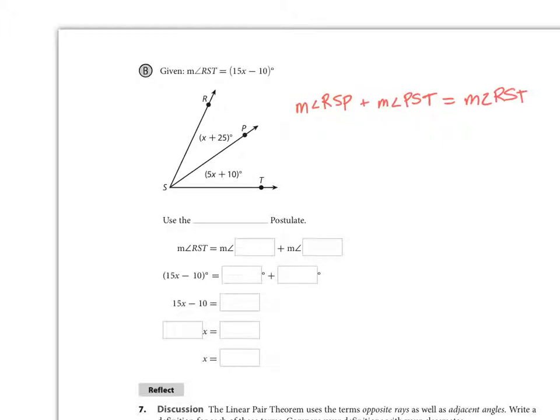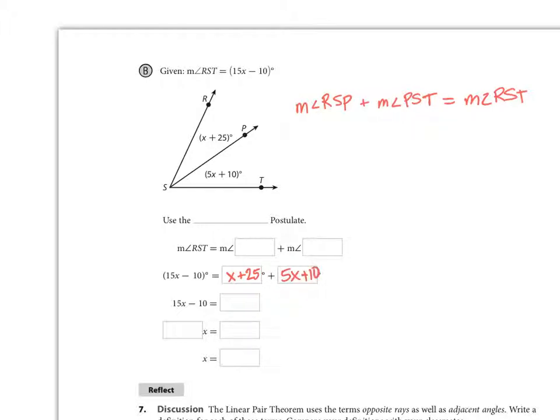It's actually also down below, right here, fill in the blank. So same thing that I wrote, except that I switched the angle RST. So the measure of angle RST is the biggest angle, or it's the whole angle, and that's 15x minus 10. So I'm going to go back to fill in the blank here. One of the smaller angles is x plus 25, and the other one is 5x plus 10.